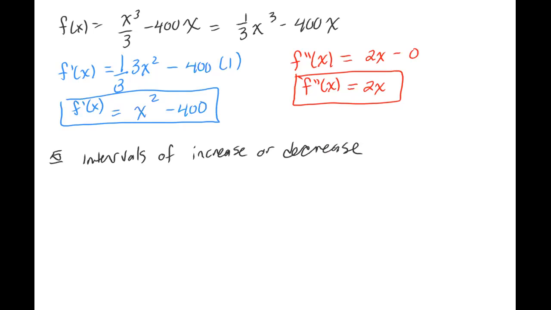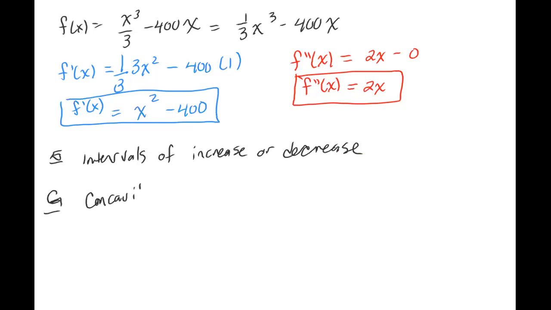And I'm actually going to do part G with this. I'm going to find any concavity or any points of inflection and find where the graph is concave up or concave down.